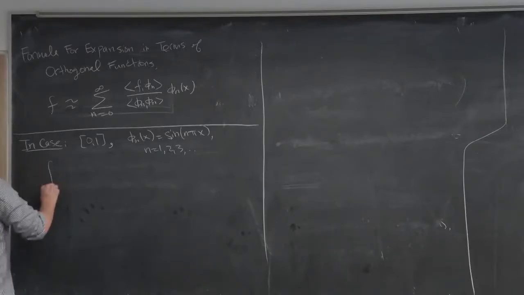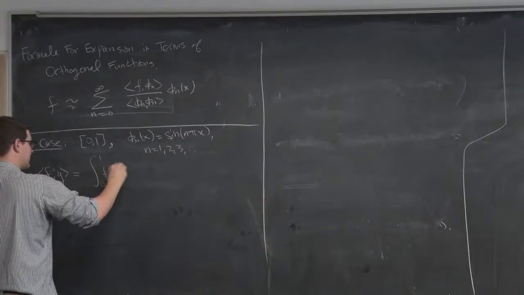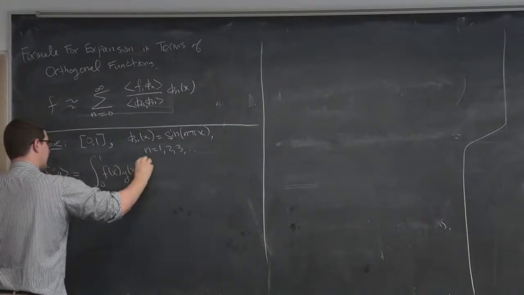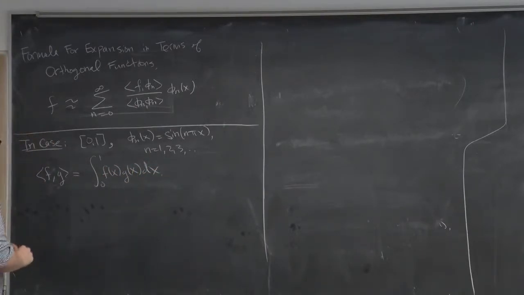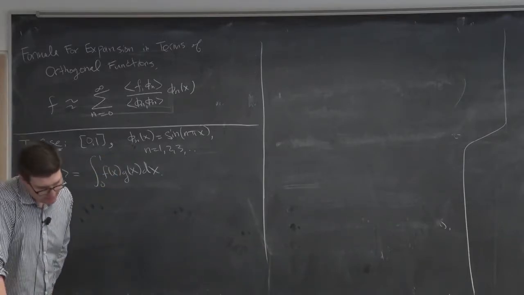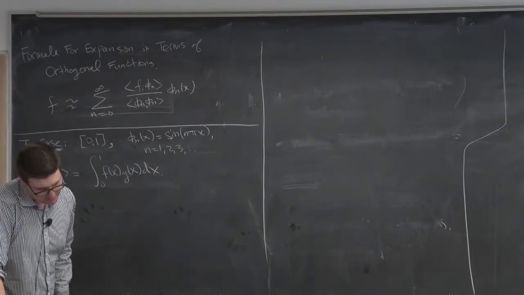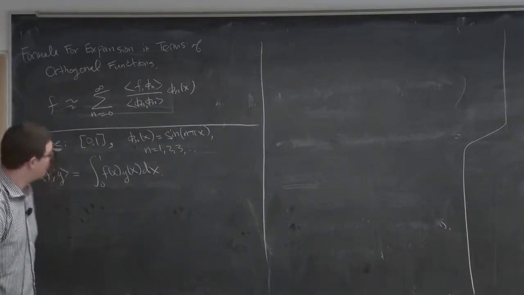And we had this inner product defined in the following way: the integral from 0 to 1 of f of x g of x dx. So we had this special case, and this was our basis here. We figured out what the sine series was for the function 1.